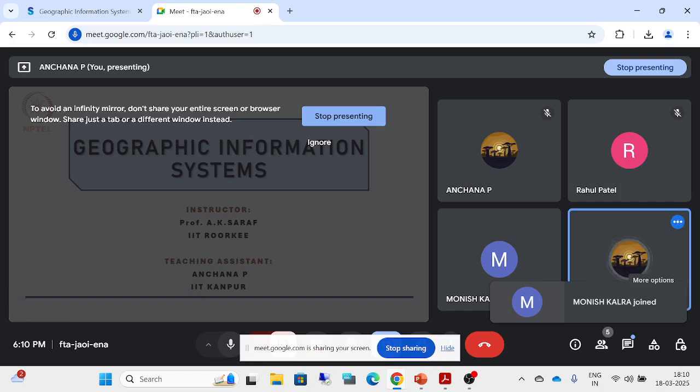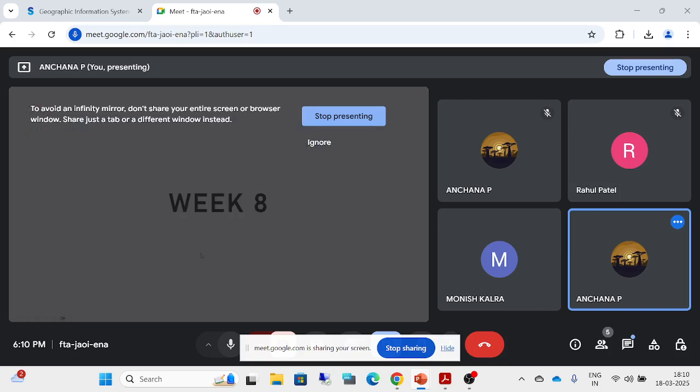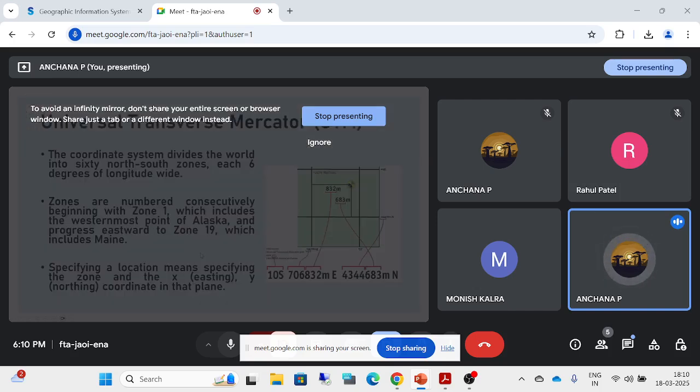Before we get into the DEM part, last session we were discussing map projection and different projection systems. So I just wanted to briefly discuss the Universal Transverse Mercator, or the UTM.